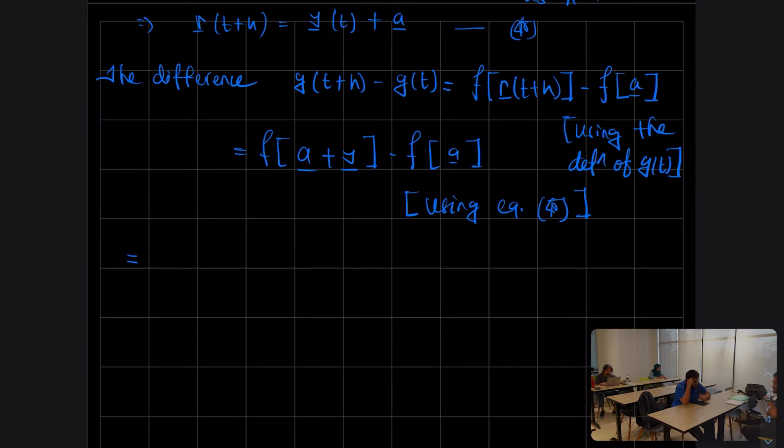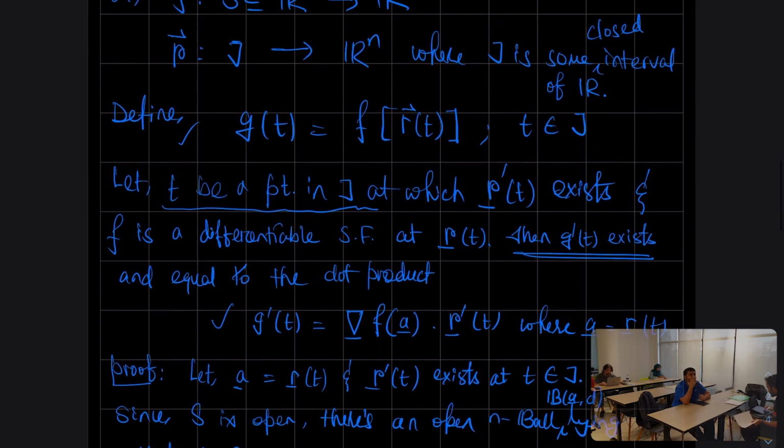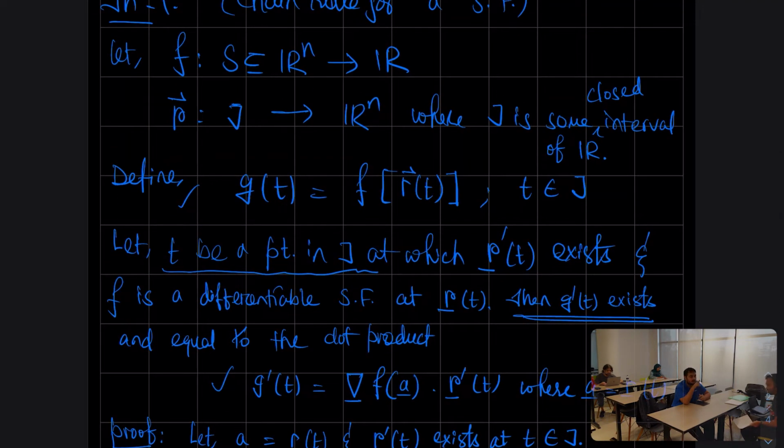Even though it would seem like the mean value theorem will give us the same answer if we apply it here, we do not have that luxury, we do not have a demand basically. Here we will apply Taylor's theorem because that is differentiable. So what you apply is based on what the question says. In the previous theorem, the question said we had a collection of partial derivatives. That's why we went to the mean value theorem. Here we are given a differentiable function, a scalar field. So we will apply Taylor's theorem.